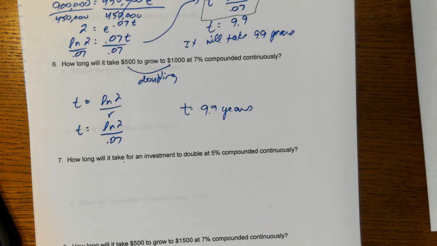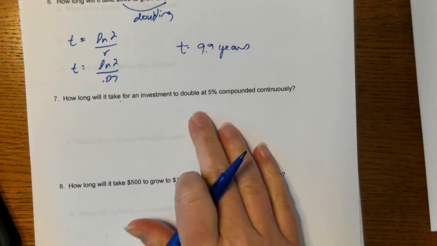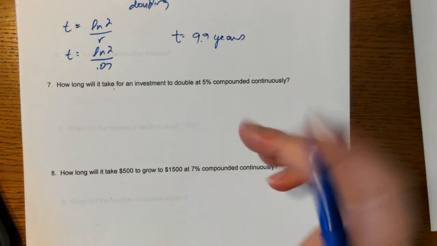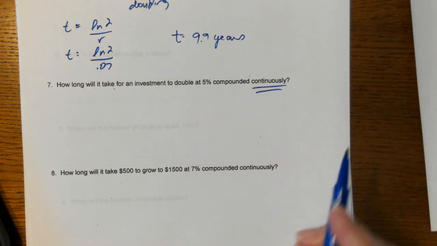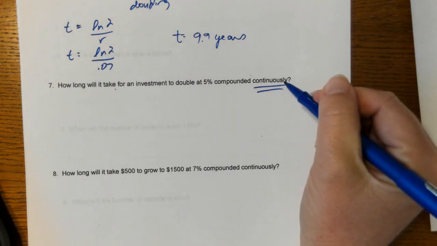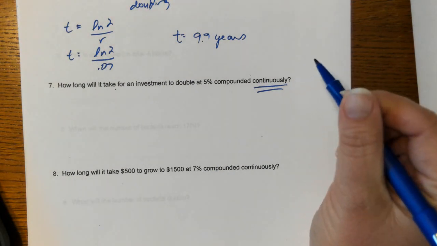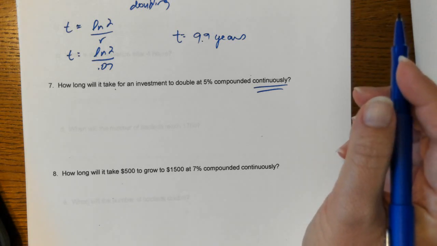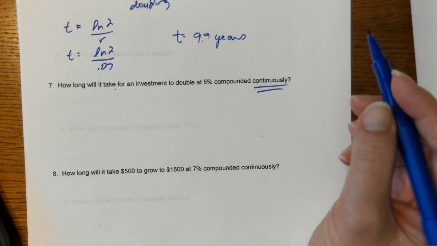Okay. How long will it take for an investment to double at 5% compounded continuously? Now, it is important to note that we can only use this ln 2 over rate when we're doing compounding continuously. That's another reason the stockbroker formula, the rule of 72, is just an estimate, because in real life you don't get compounded continuously. Okay, but anyway.